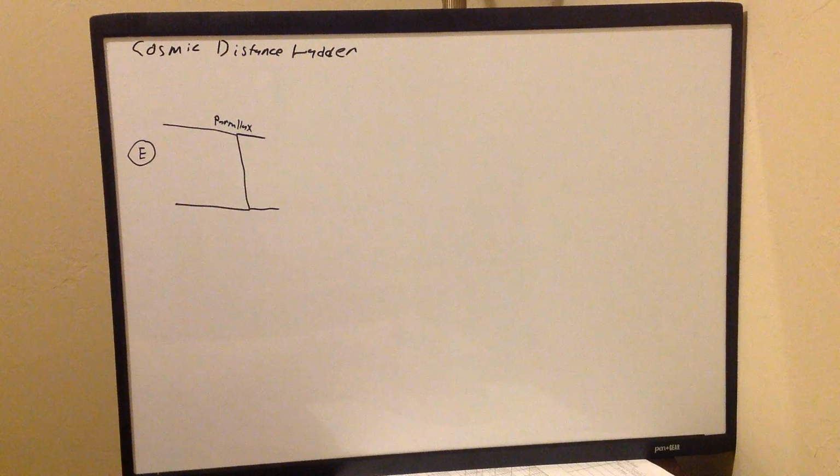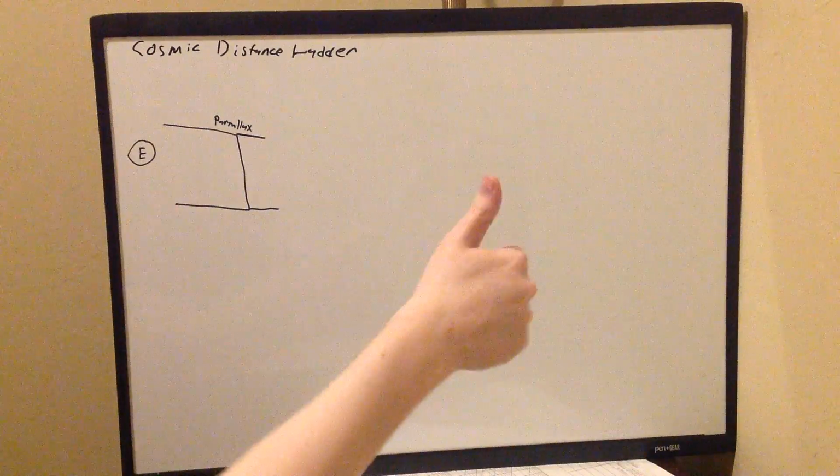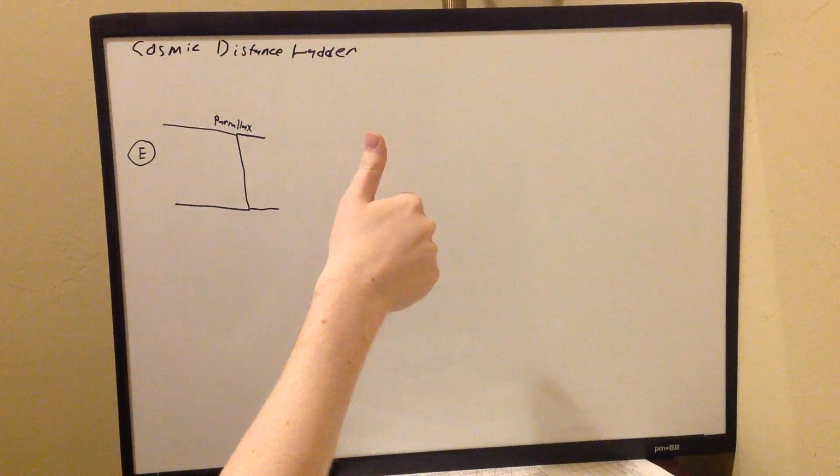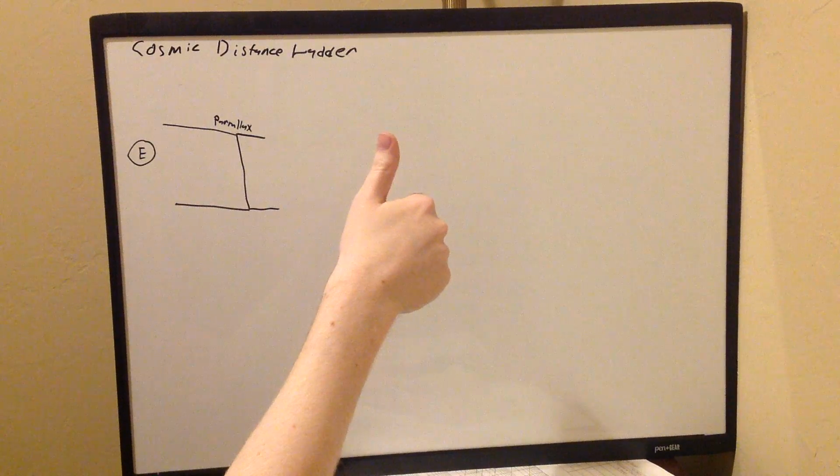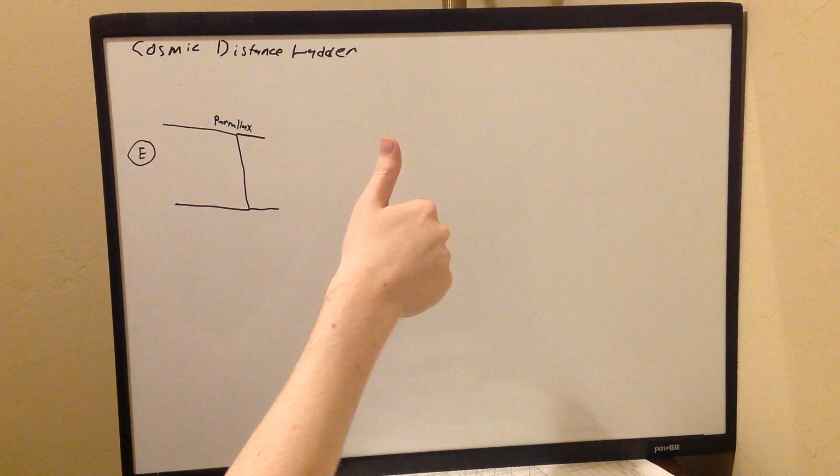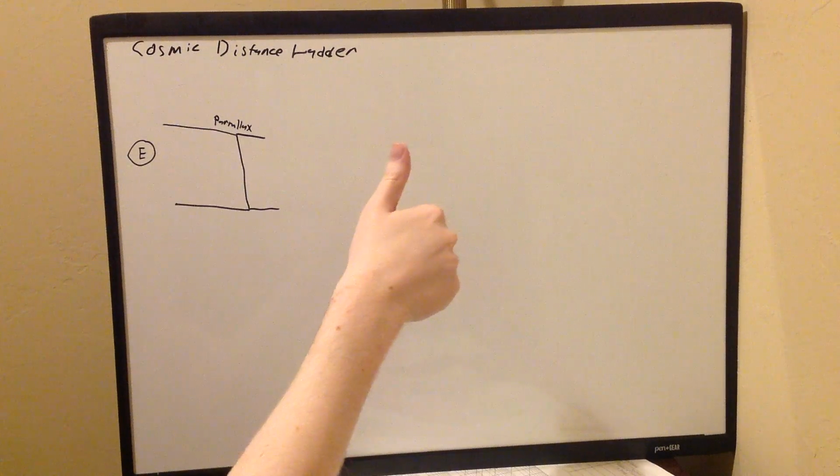Parallax is a concept in geometry, basically, where the position of something will appear to change if you look at it from two different positions. An easy example of this is if you hold your thumb out in front of your face and then close your eyes one at a time and alternate back and forth, left, right, left, right.